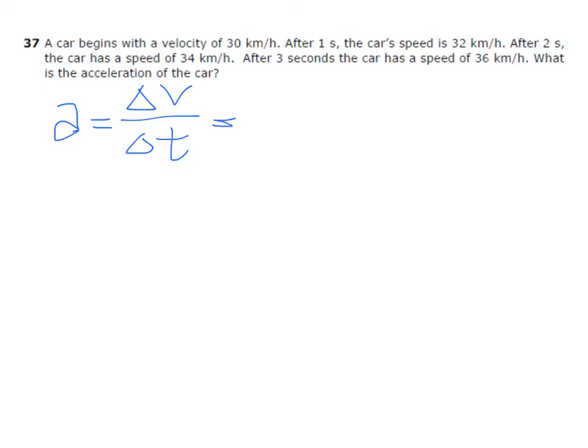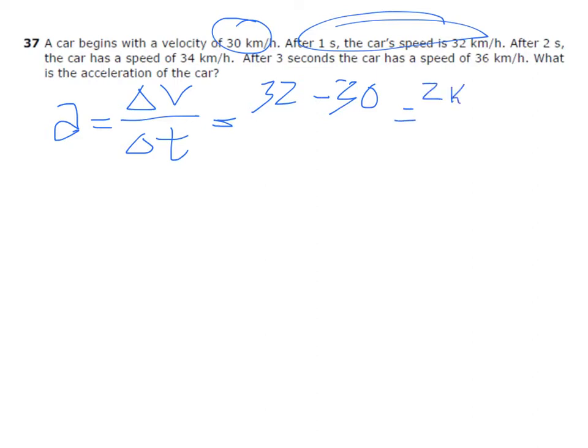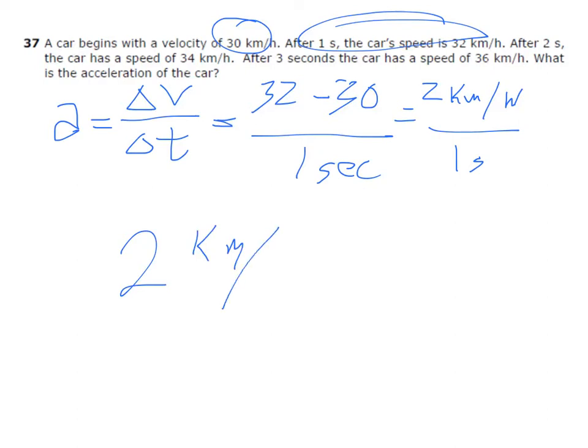The first point after 1 second is the simplest, and so the change in velocity is 32 minus its initial velocity, which is 30, which means its change in velocity is 2 kilometers per hour, and divide that by the amount of time, which is 1 second. So we end up with 2 kilometers per hour per second, and that is speeding up.